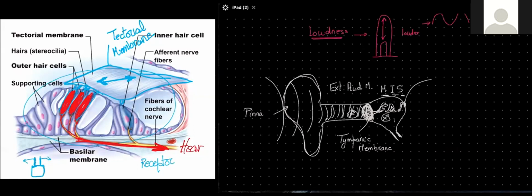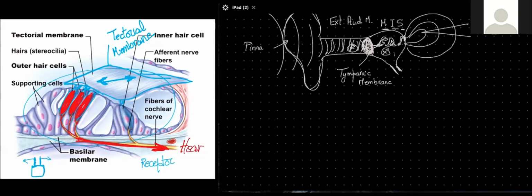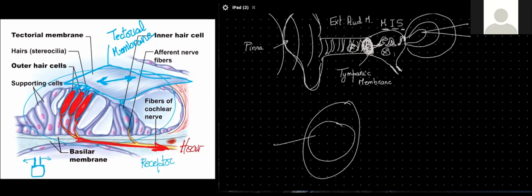This vibration is going to be conducted to the cochlea located in my internal ear. When I have a cut section of the cochlea like this, this is how it's going to look. You have a membranous tube.